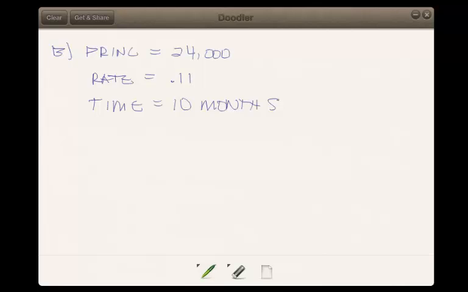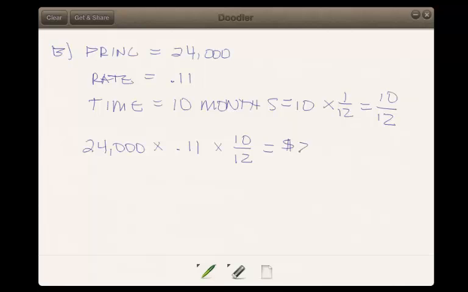We do that by multiplying the number of months by the fraction of a year that is a month. The fraction of a year that is a month is 1/12. So we multiply the number of months times 1/12. So it's just 10 over 12. So to determine interest, we have 24,000 times 0.11 times 10 over 12, which is equal to $2,200.